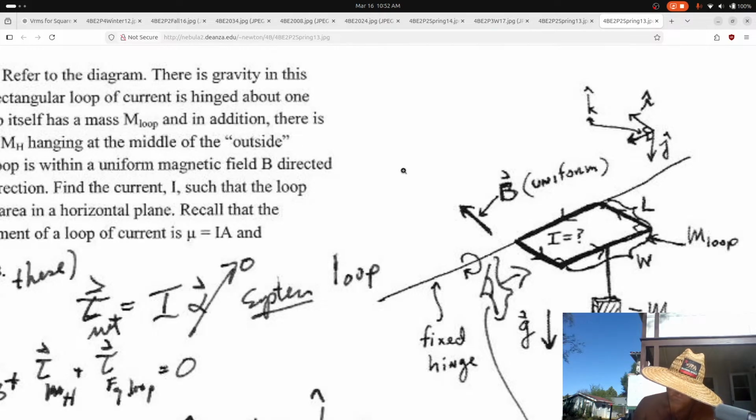This is going to be 1. This is going to be J hat I L W B.